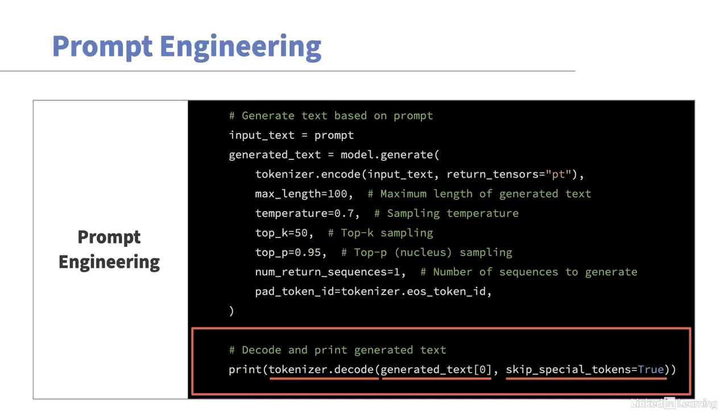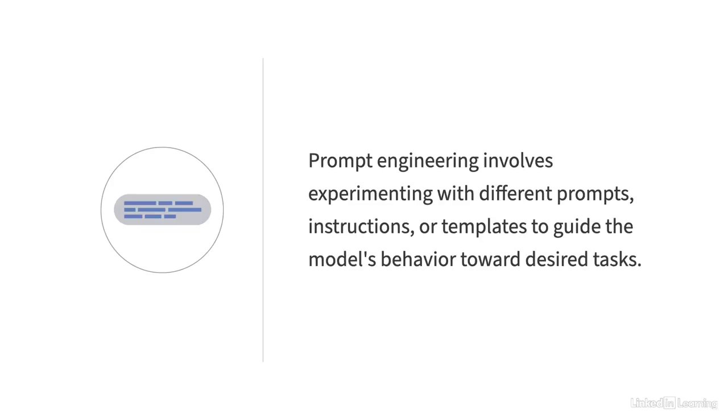This ensures that the generated text doesn't include any padding tokens or other special tokens added during tokenization. Prompt engineering involves experimenting with different prompts, instructions, or templates to guide the model's behavior towards desired tasks. You can customize the prompt according to the task you want the model to perform and adjust the generation parameters based on your requirements.